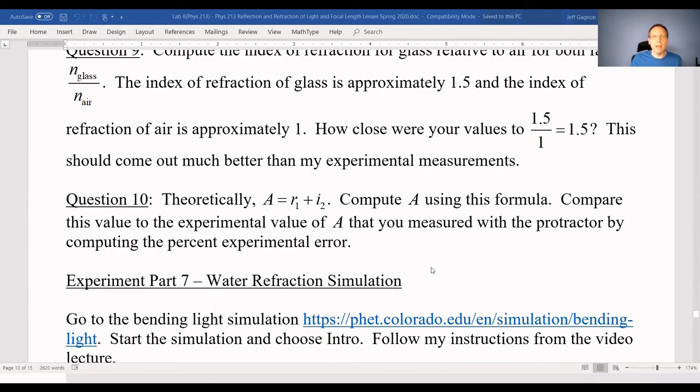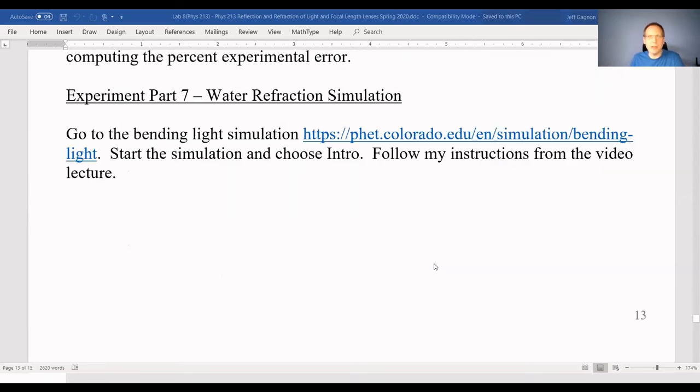Okay, and then the last part of this experiment is another simulation, because it wasn't really easy to collect or to show you guys how to collect this data. This is something we do, it's called a refraction tank, where now we use water as our medium. So we're going from like air to water, but it really wasn't easy to show you this.